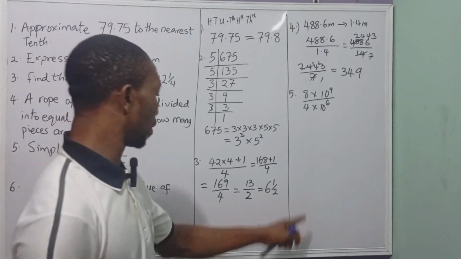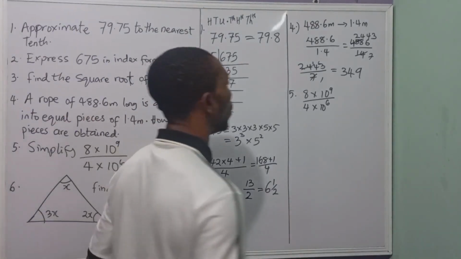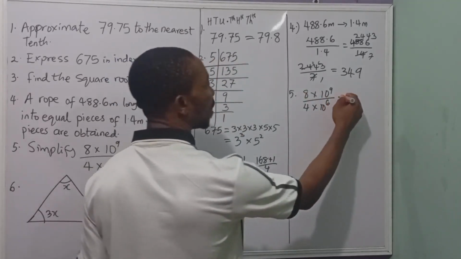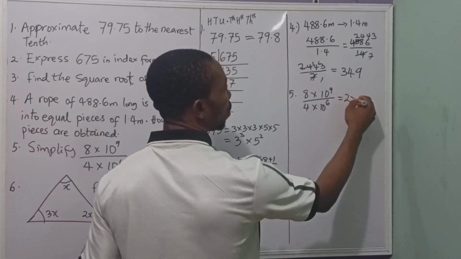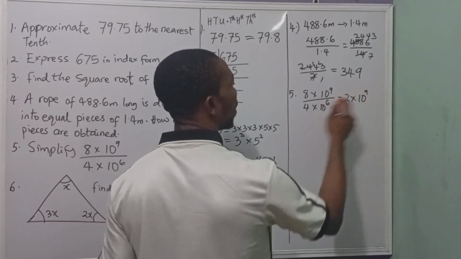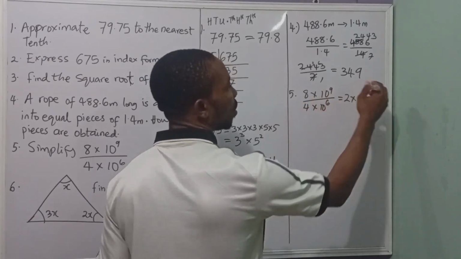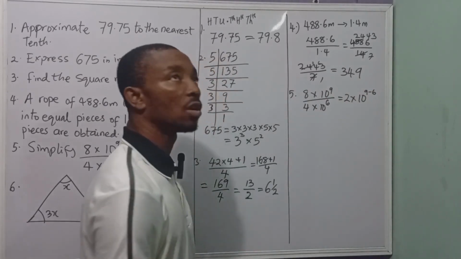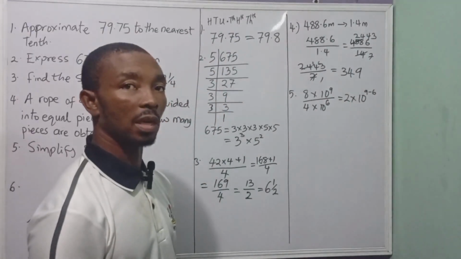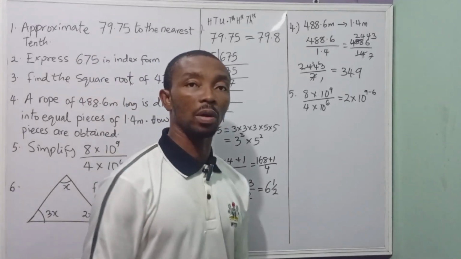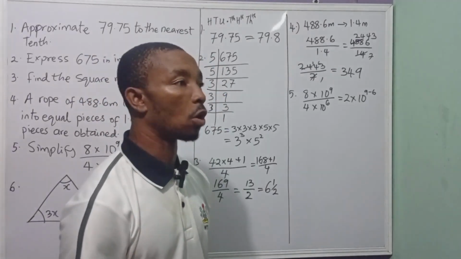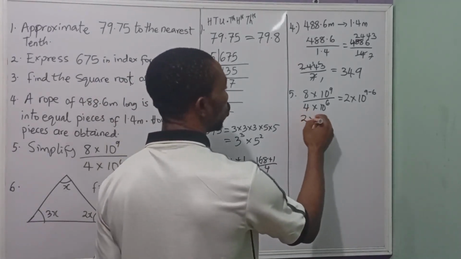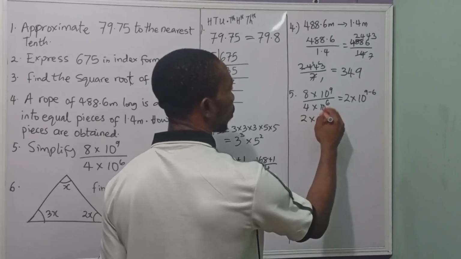We can divide: 8 divided by 4 gives us 2 times 10 raised to the power 9. Applying our law of indices gives us minus 6, because in indices, when you have division, it becomes subtraction, and when you have multiplication, it becomes addition. So this we can say to be 2 times 10 raised to the power 3.